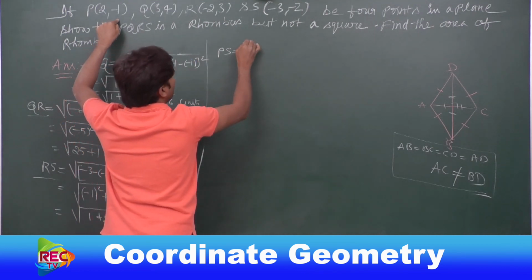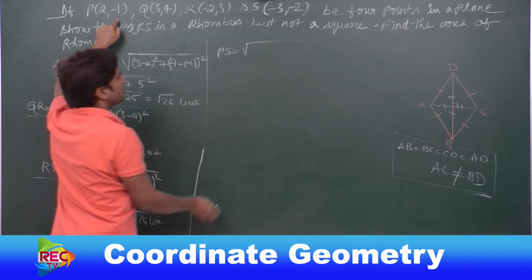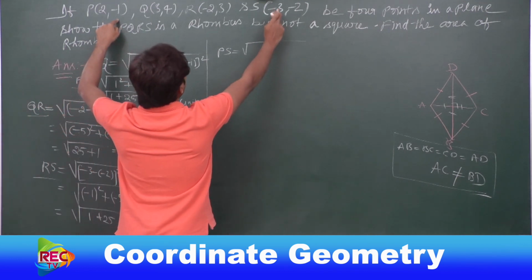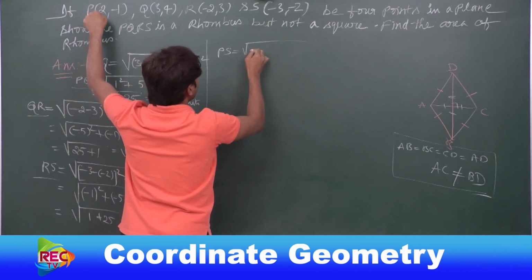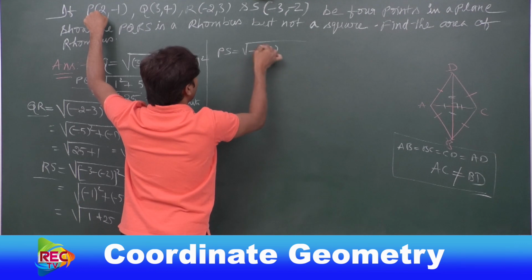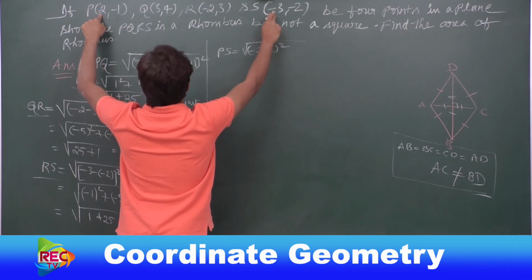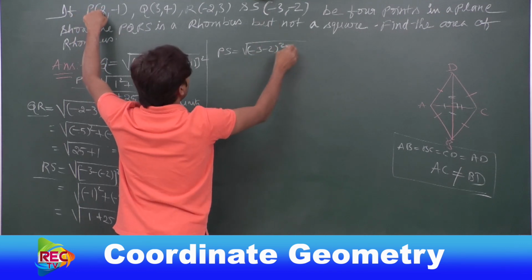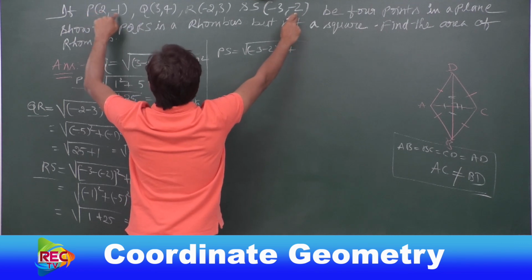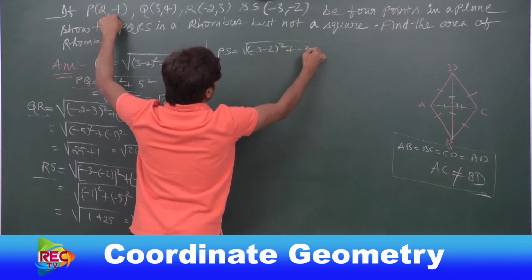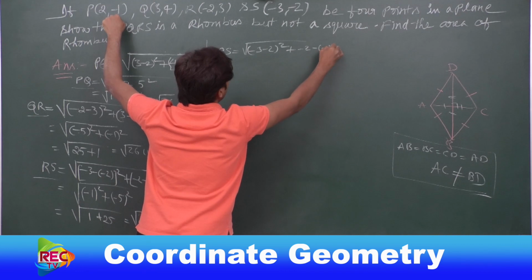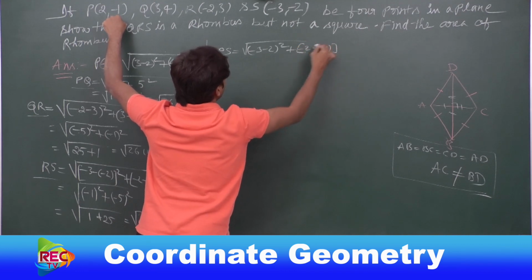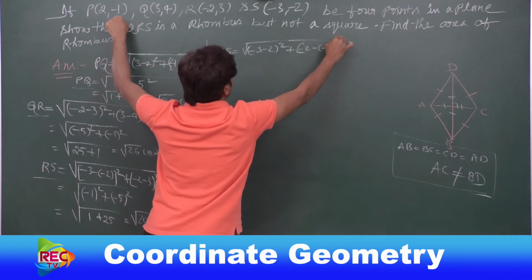The formula would be x2 minus x1 whole square, that is minus 3 minus 2 whole square, plus minus 2 minus of minus 1, whole square.